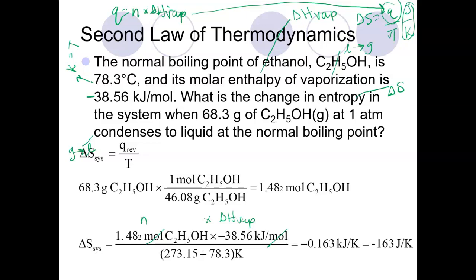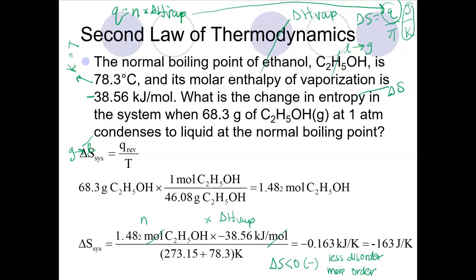So the delta S is negative 163 joules per Kelvin. I want to know, what does that number mean? Well, we have to think back to the chart that I made just a little bit before this about when delta S is positive or when delta S is negative. When delta S is less than 0, which means negative, that means there is less disorder or more order.